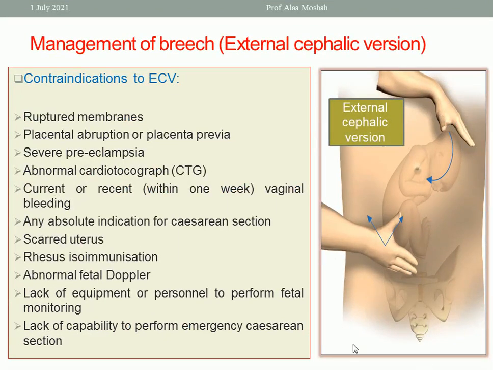What are the contraindications to external cephalic version? If there is placenta previa or accidental hemorrhage or ruptured membranes or congenital anomalies, or current or recent vaginal bleeding, or a sensitized Rh negative patient, or abnormal fetal Doppler, or preeclampsia, or abnormal CTG, or lack of equipment or trained personnel, or lack of capability to perform cesarean section as an emergency if a complication happens.